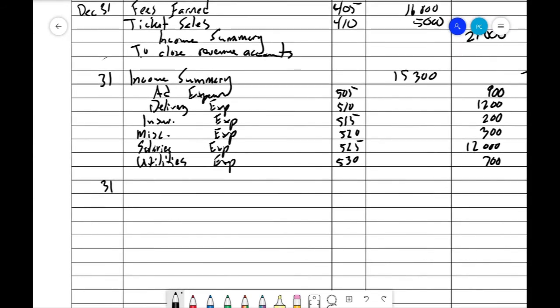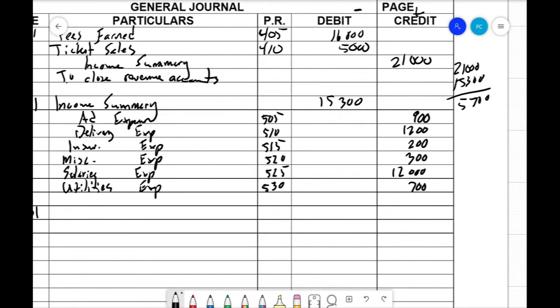So what you're going to have is, so income summary should have a credit balance, right? Well, let's see. Yes, it should have a higher credit than it does a, what am I trying to say here? Credit is higher than the debit.